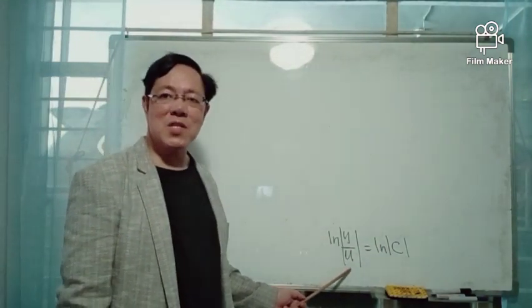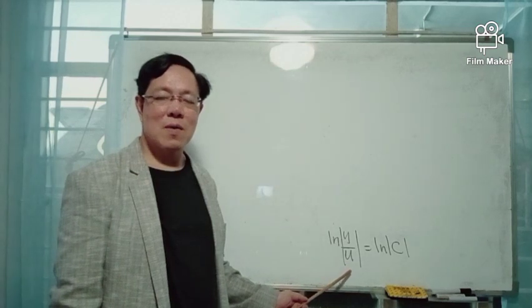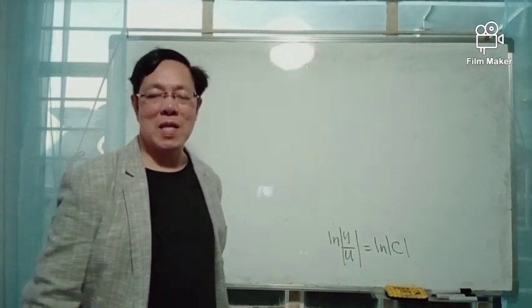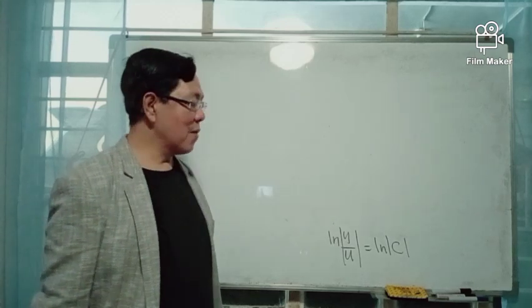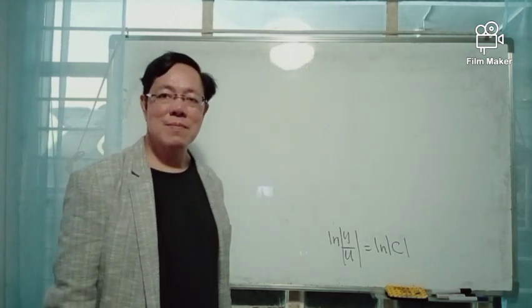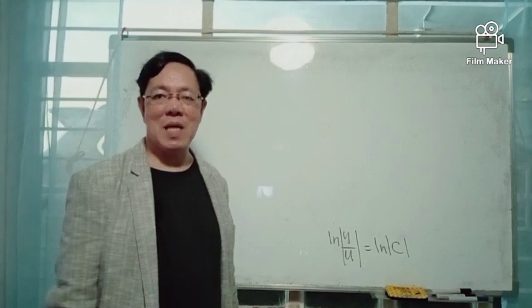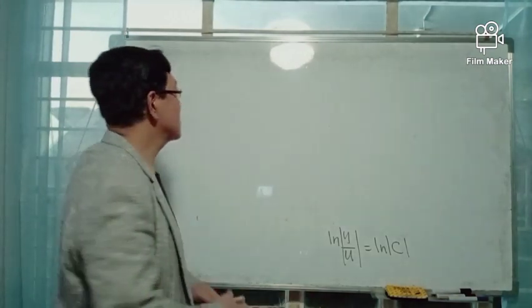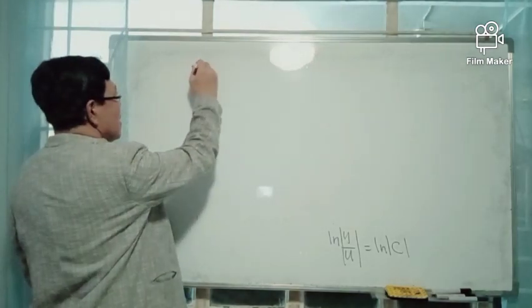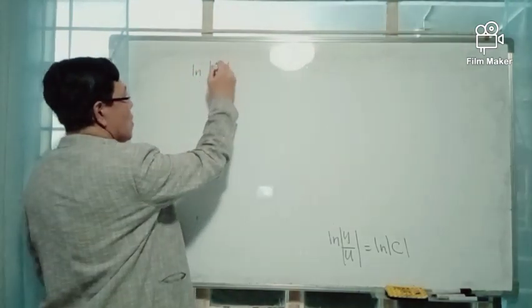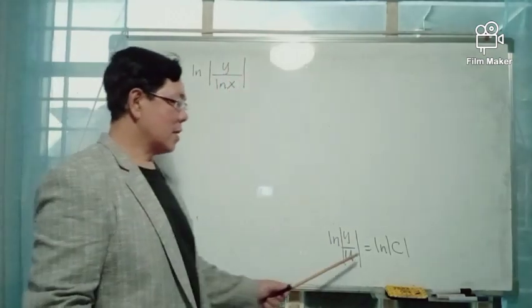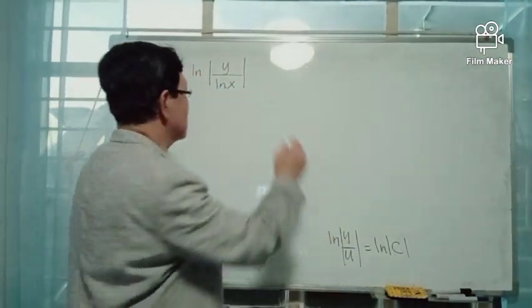We now replace u with ln of x, which we used as a change of variables so that we can integrate the first term of the differential equation after separation of variables. We now write ln of y over ln of x equals ln of a constant.